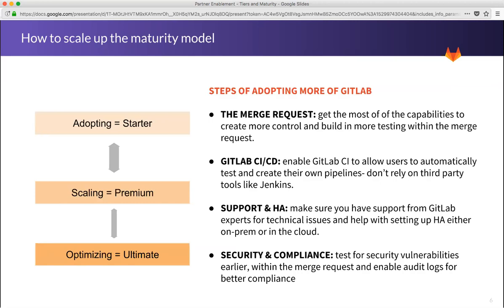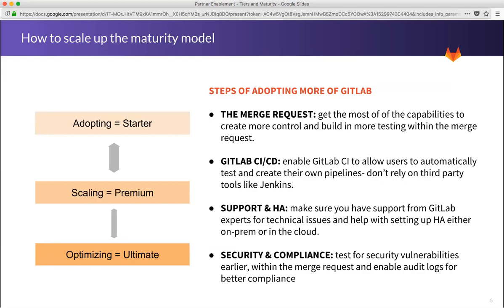As we go beyond that, organizations may start to need more support and availability as they have more and more teams that are using GitLab, as they have more and more teams that are relying on the processes of software development that are happening through the system. And so as that happens, it's important to make sure that the system is up no matter what.